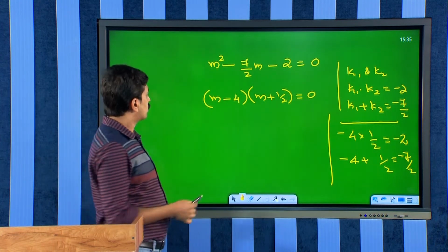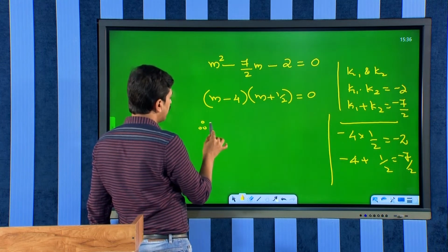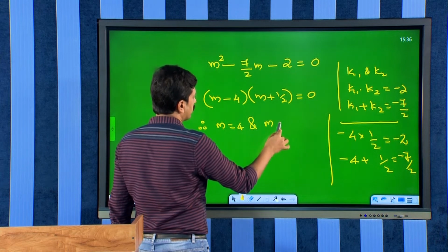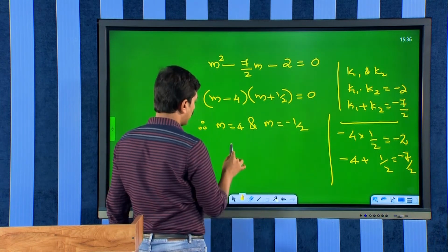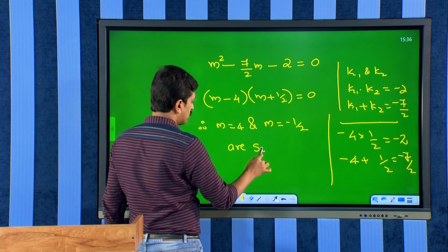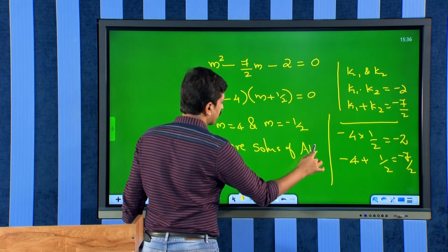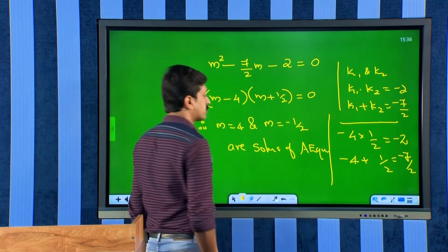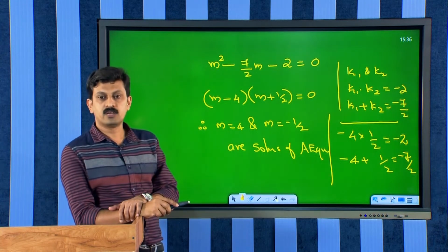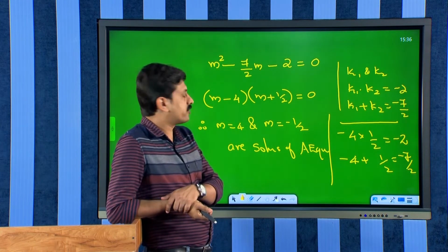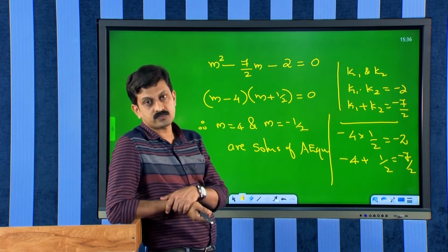Therefore, we can say m is equal to 4 and m is equal to minus 1 by 2 are the solutions of the auxiliary equation. Now see, my dear students, we found the solutions of the auxiliary equation, m equal to 4 and m equal to minus 1 by 2.